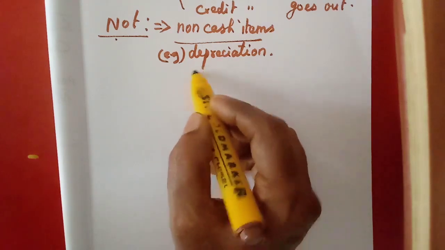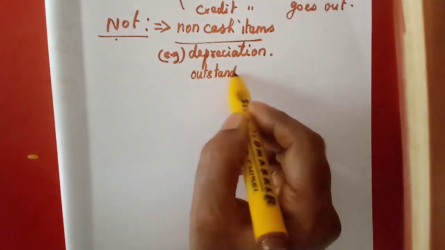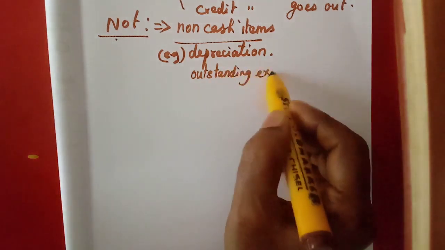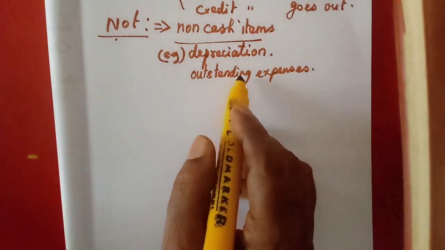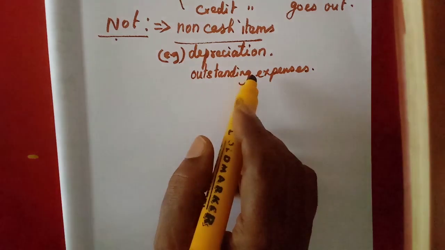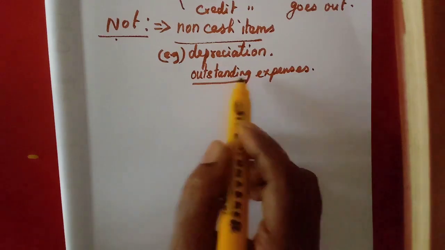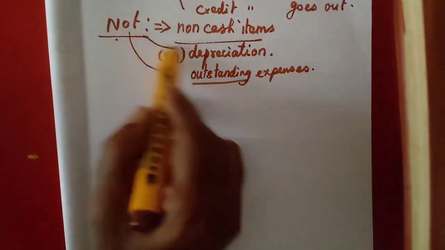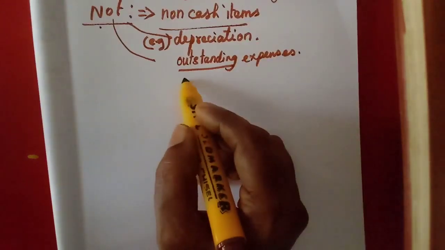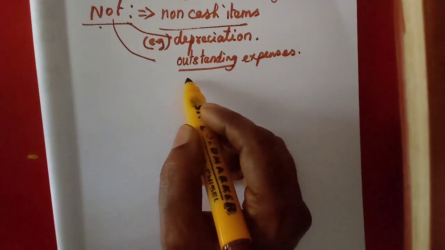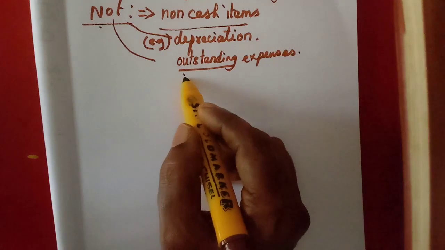Then any outstanding expenses, that means salary that has to be paid. I taught you that expenses related to last year, this year, previous year, subsequent years, everything we can write. But only outstanding expenses should not be written. Then income accrued but not yet received, accrued income.